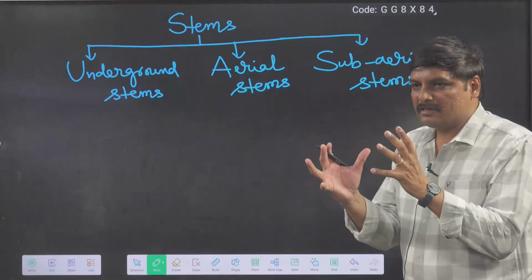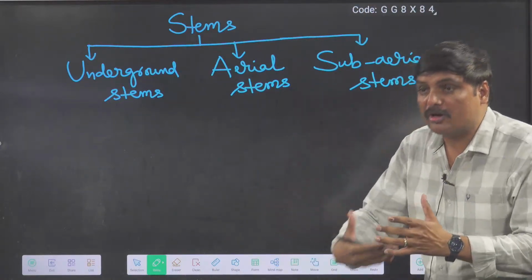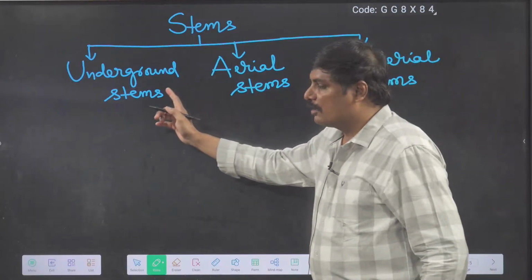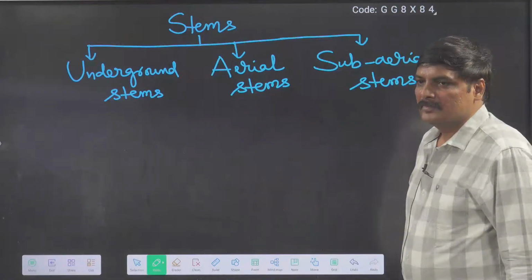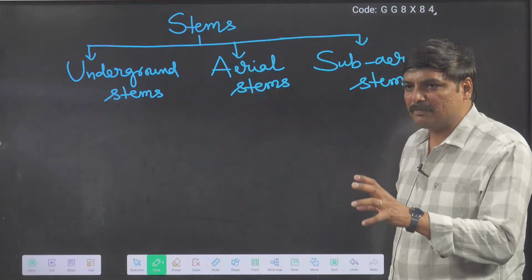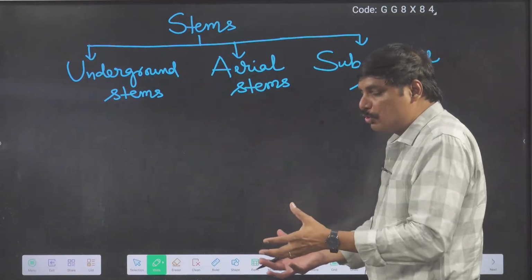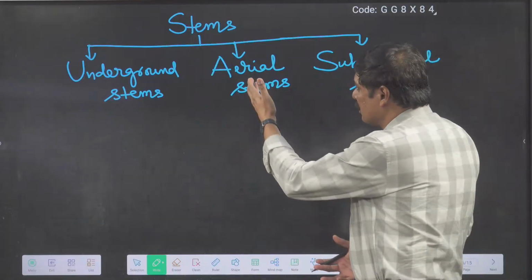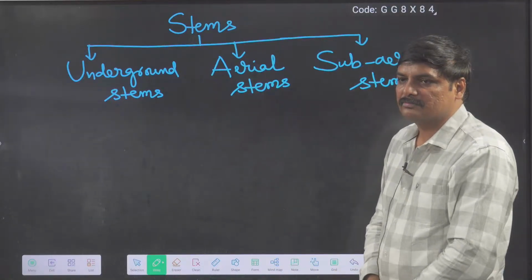In some plants, stems grow below the soil, and those are called underground stems. Usually, in the majority of plants, the stems grow above the ground. They are visible to us, and those are called aerial stems.